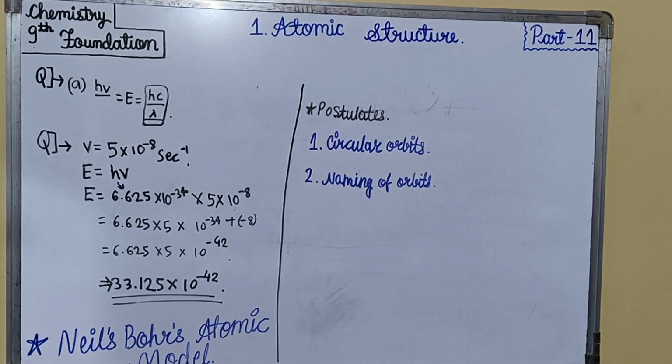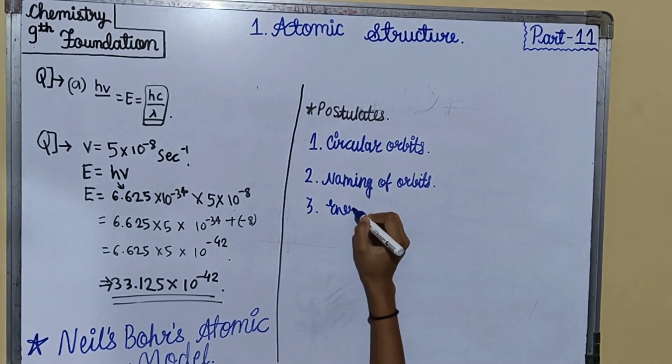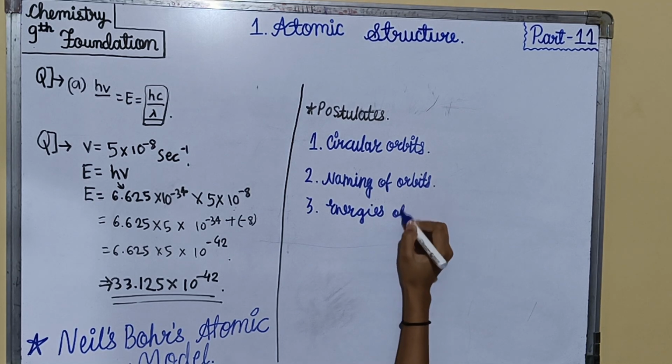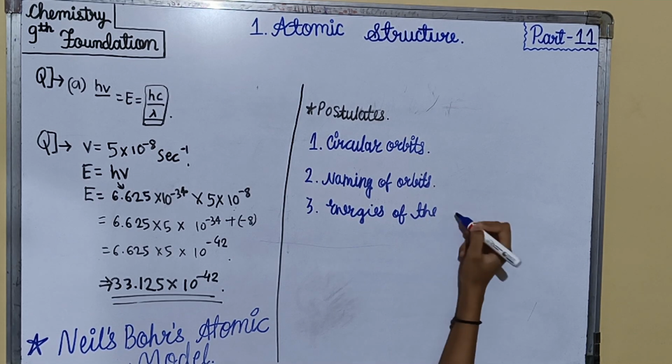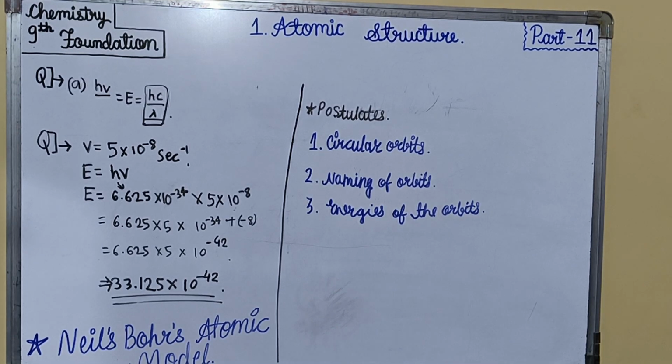Third one is energies of the orbits. The orbits closer to the nucleus have less energy compared to the farther ones.